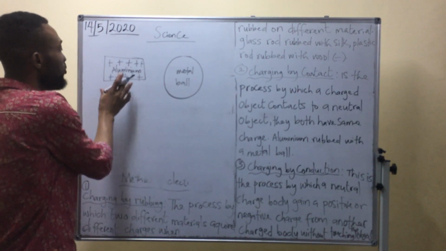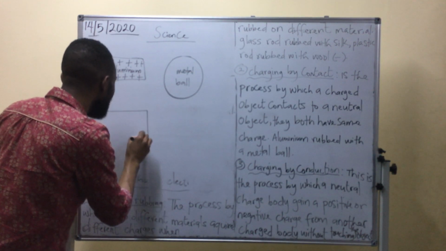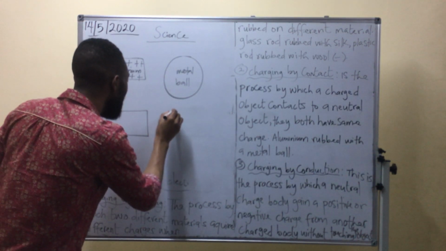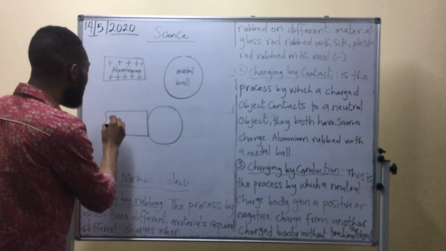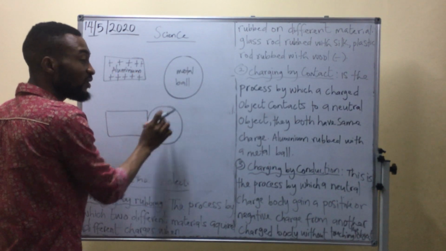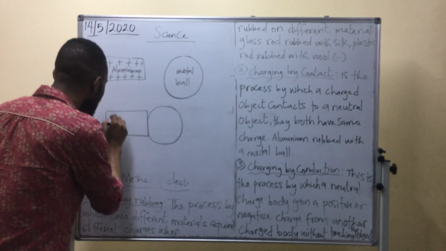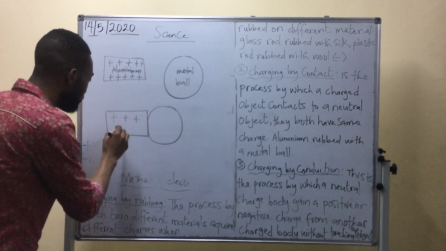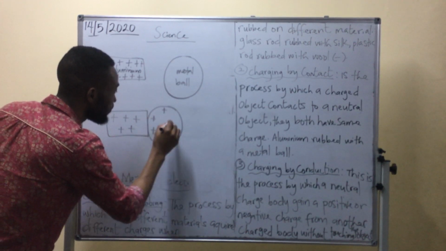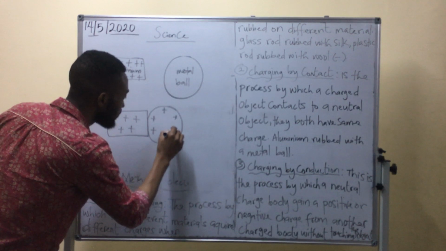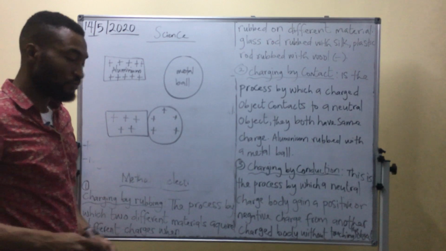So now if you take this aluminium with the positive charges and make contact with the metal ball, this aluminium will transfer 5 of these charges to the metal ball, in which they are going to share 5 each. You can see it here, and this also has 5. So that is charging by contact.